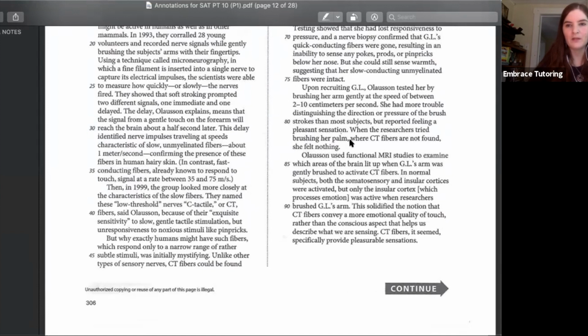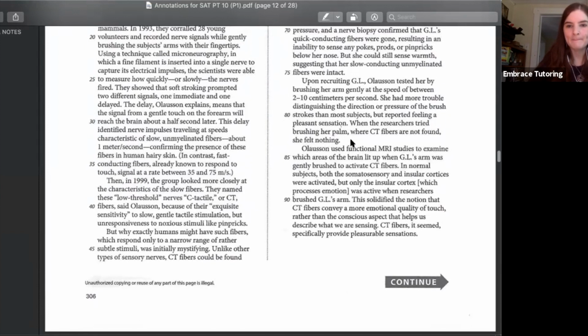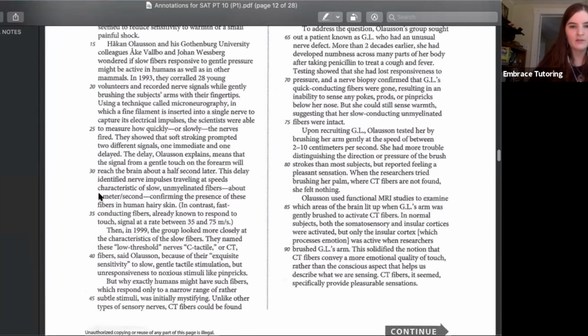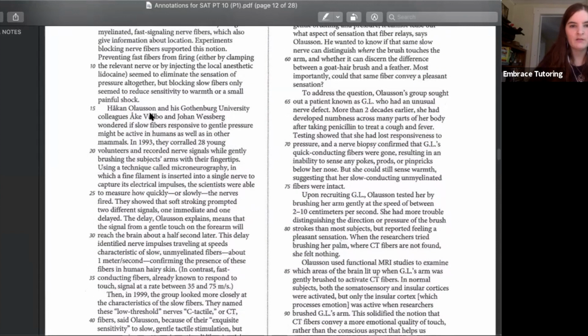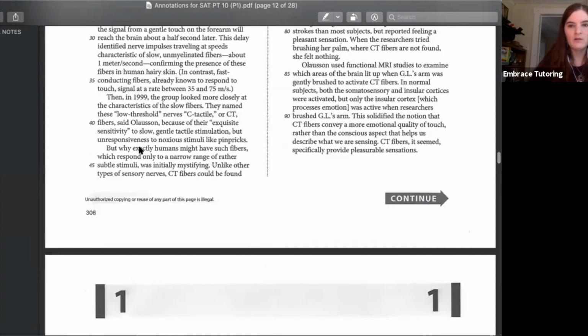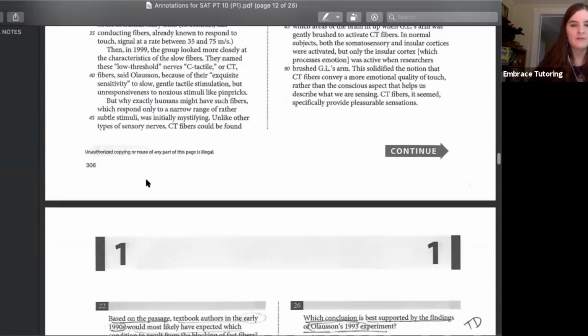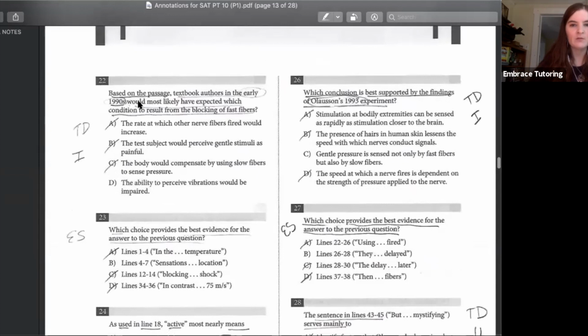I probably would have circled the whole thing. 35 and 75 meters per second, 1 meter a second, 1993, all those types of things. GL, the abbreviation CT, C tactile or CT fibers, low threshold, all those types of things. I even circled early 1990s in this one, 1993, all these types of things.